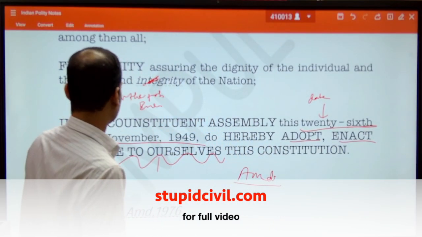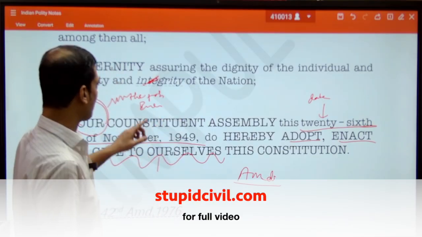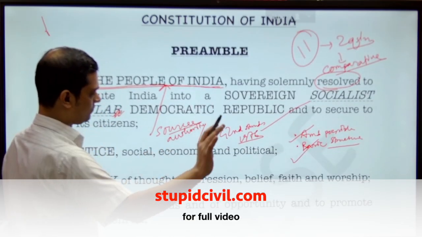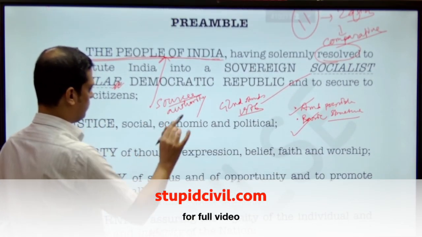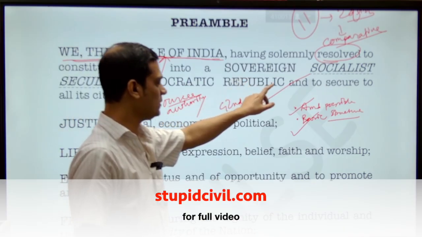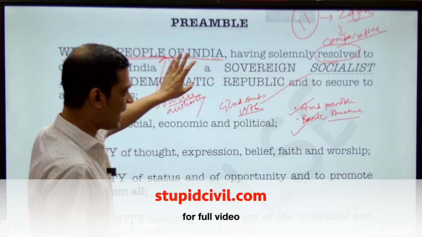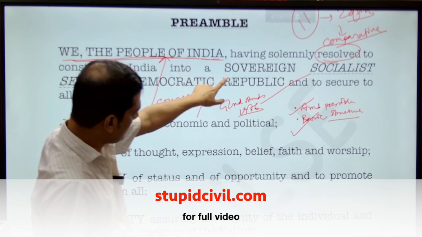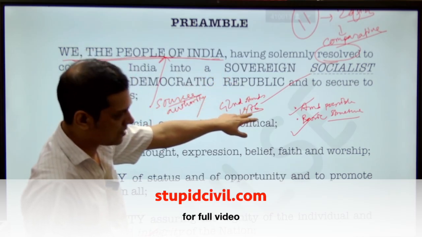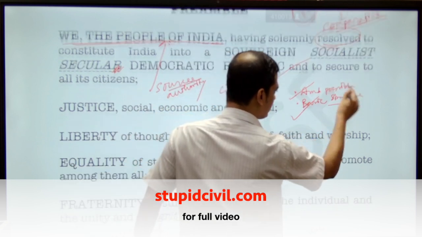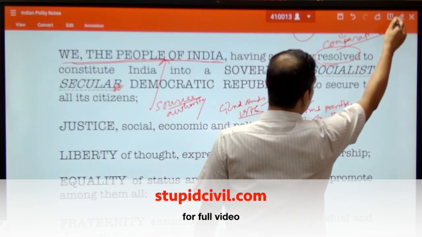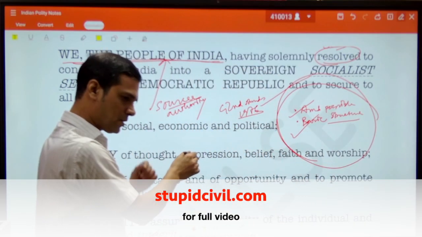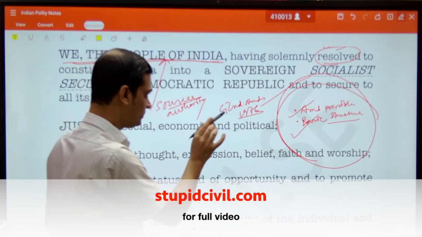Now, see, the constitution is something that is going to reflect the identity of your country. Regarding the amendment, the basic structure question is already clear. We are going to make the answer correct for sure, however much they twist it.